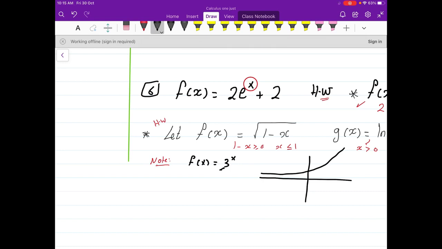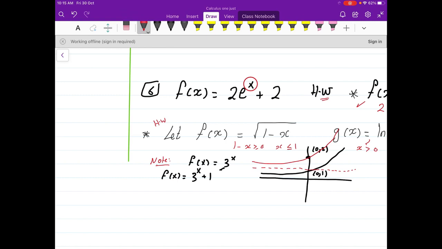And what is the domain for this function? R, and the range is 0 to infinity. If you take the function f(x) equal 3 to the power x plus 1, this function is also increasing, but the graph has the points 0, 1 and 0, 2, and the range changes.